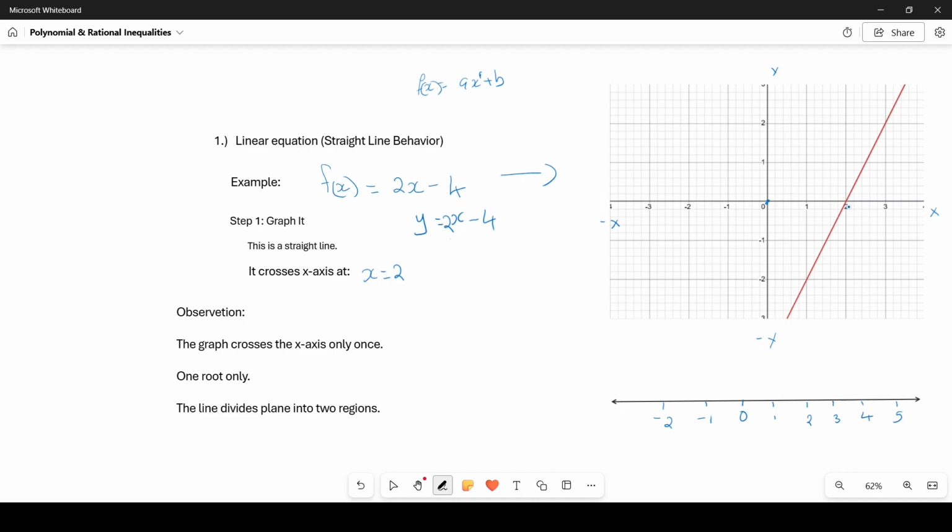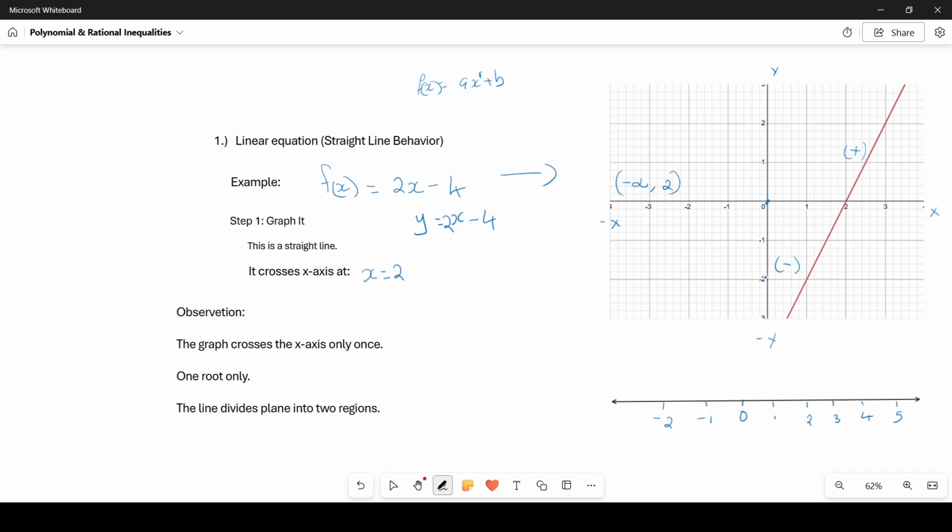Then below this point, y is negative. And above this 2, the entire function is positive. So these are the two regions. From this graph we can also understand the intervals. See, minus infinity comma 2: in this interval, the y values are negative.